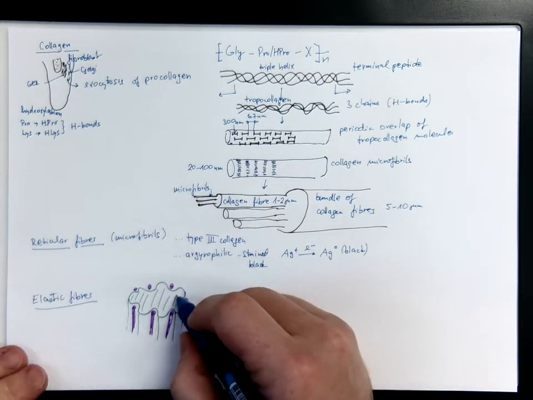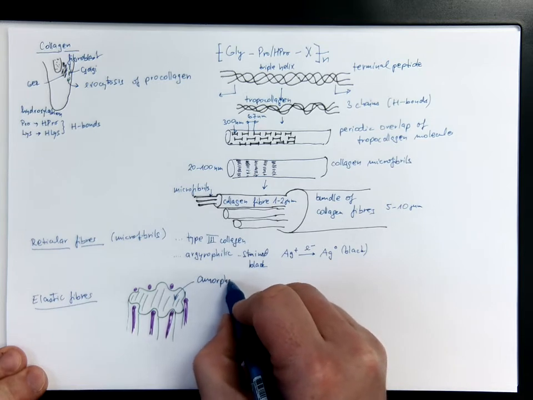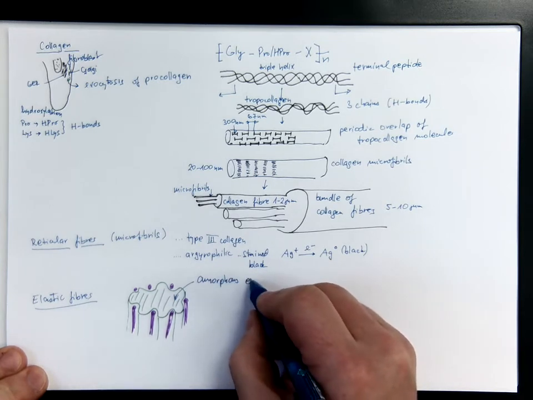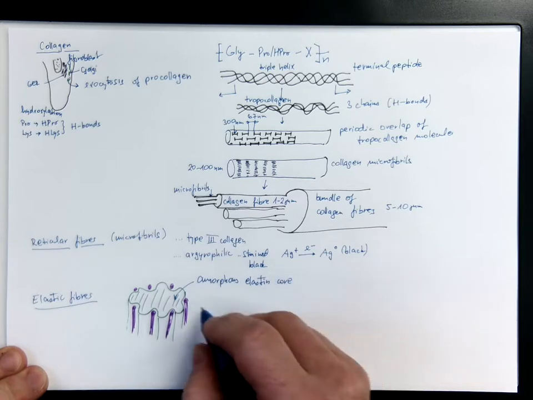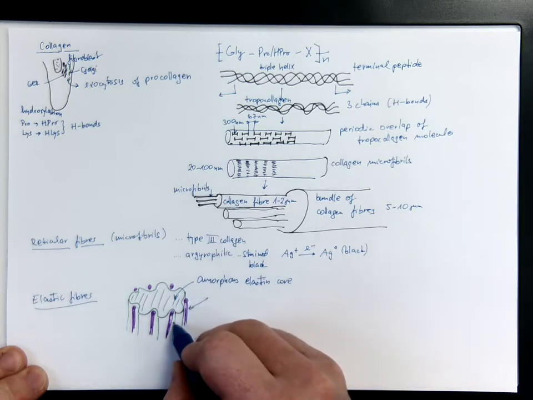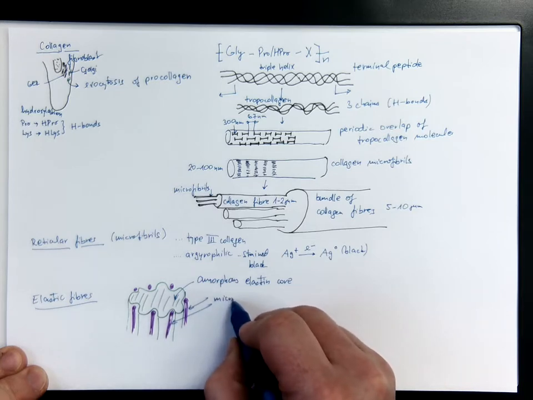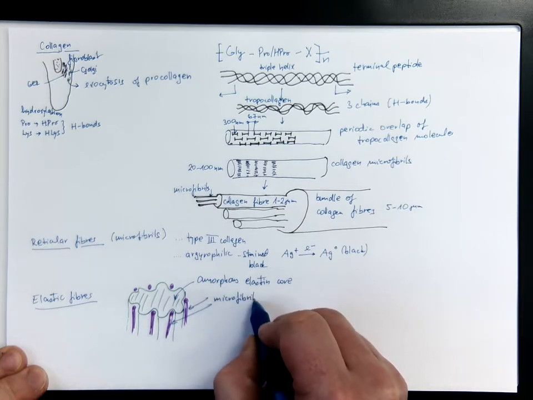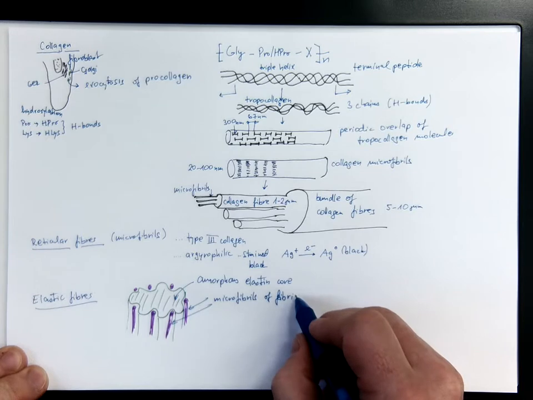So we have the amorphous elastin core surrounded by microfibrils made of a protein called fibrillin.